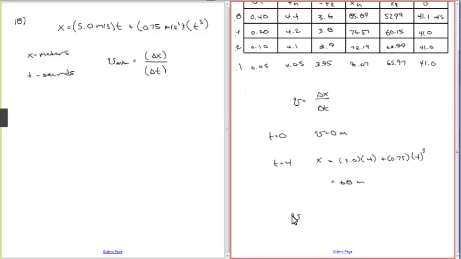The expression for average velocity is the total distance traveled, which is 68 meters, we start at 0 and go to 68, divided by the time, which is 4 seconds. 68 divided by 4 is 17. So the average velocity is only 17 meters per second, but the instantaneous velocity is 41.